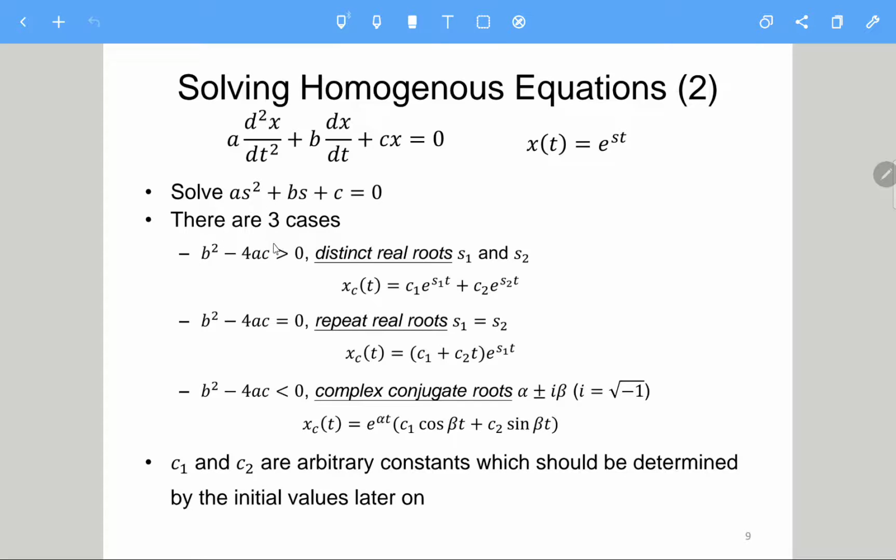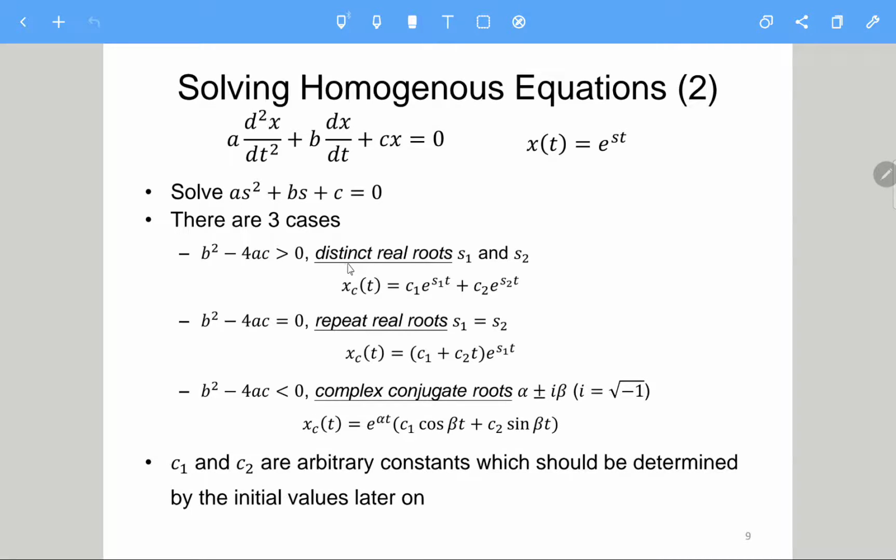If delta is larger than 0, there will be two distinct real roots. If delta equals 0, then we will have repeated real roots. And if delta is smaller than 0, then there will be complex conjugate roots like alpha plus or minus i beta.